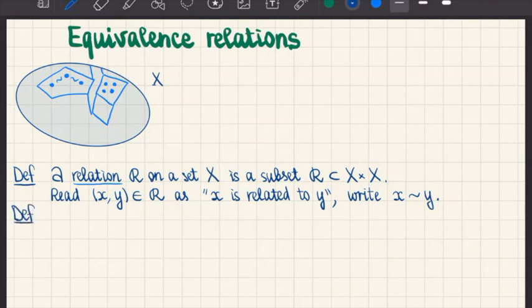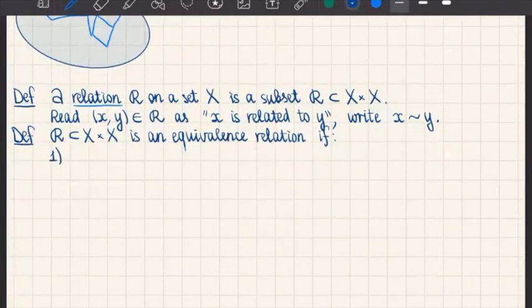This relation R is an equivalence relation if it satisfies some axioms. First, we want it to be reflexive, which means that every element is related to itself.